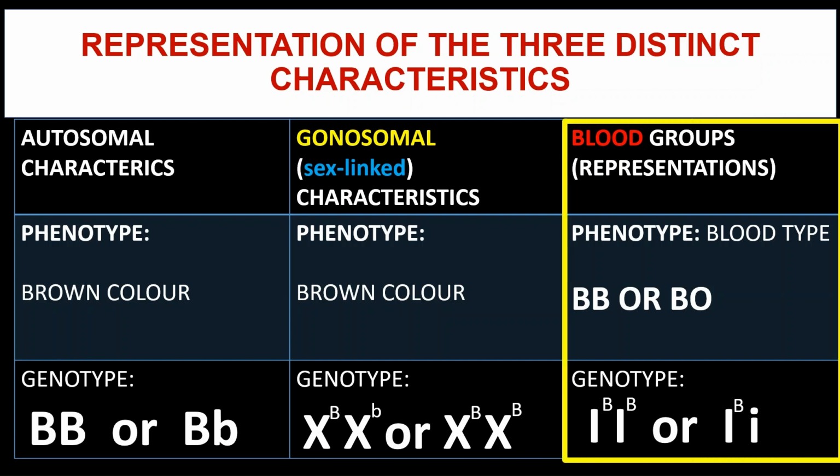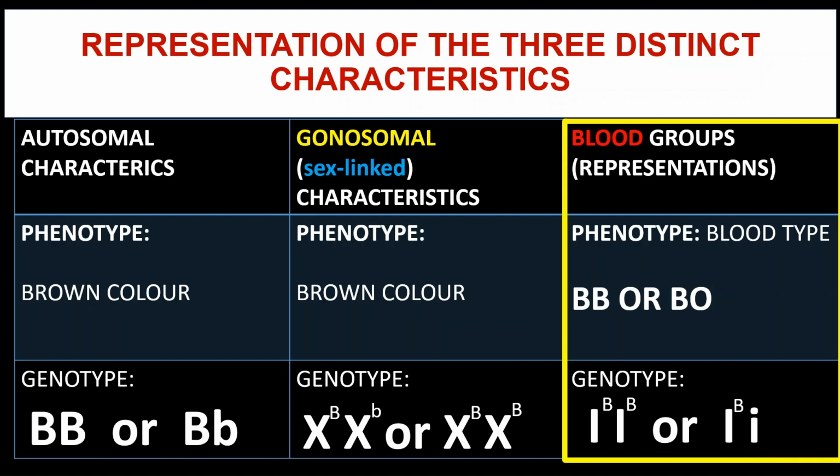When it comes to blood group, it has its own unique representation. Remember the phenotype, in this case, we don't put words there. For the phenotype we use letters like B, A, O, or AB. But the representation of the genotype is what is so unique. It's different from autosomal genes and gonosomal genes. So over here, use the letter I, for isoagglutinin. You're not supposed to worry yourself about the letter I and its meaning. For blood group, it's so unique.